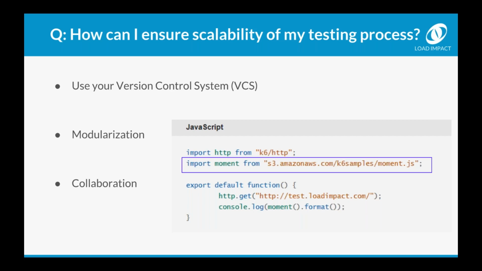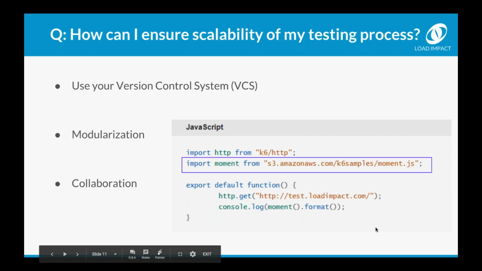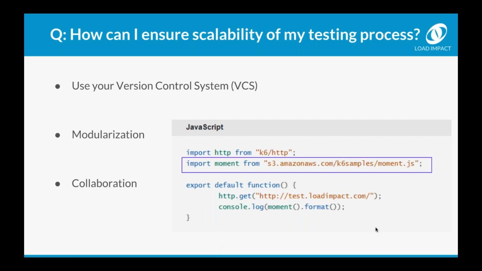And it's possible, of course, with other solutions also. But in general, develop your tests like you develop software or like you write functional test suites. Version control, modularization, and there's probably other things to think about also, but software development best practices.